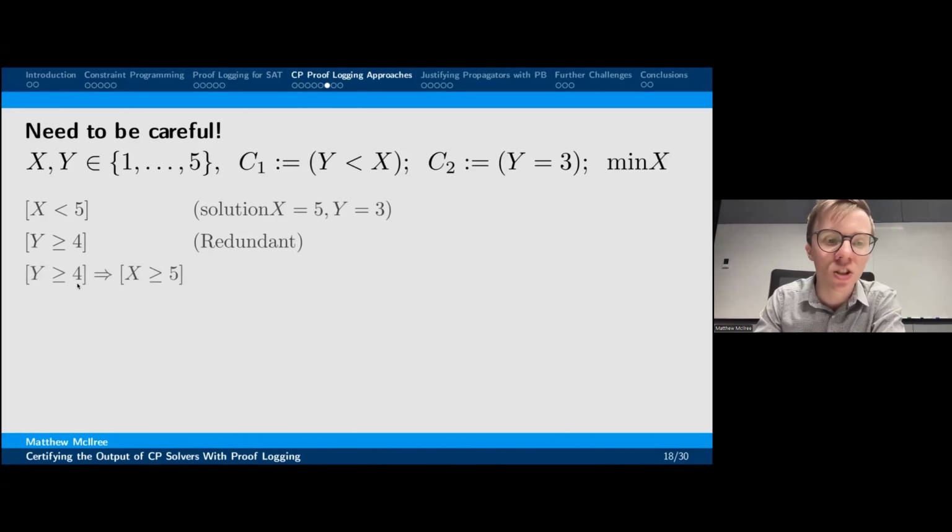And then I can introduce this explanation and appeal to this formally verified inference checker, saying that if y is greater than 4, then x must be greater than 5. And this is certainly true. But now I've got a problem, and the problem is that I can immediately derive contradiction. And that's because I effectively contradicted this explanation before I introduced it by appealing to the formally verified inference checker.